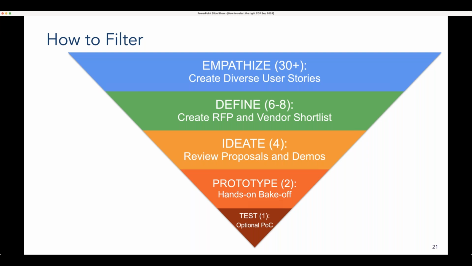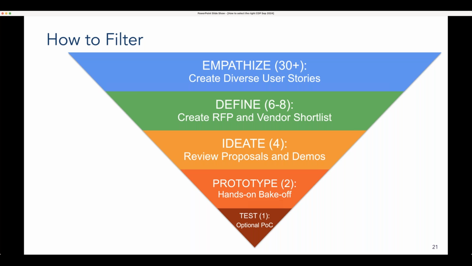So the way you go about this in design thinking uses the rubric that I'm sure you're all familiar with now from design thinking, which is empathize, define, ideate, prototype, and test. And the way that this works is basically using it in the context of selecting technology as a filtration process. So first you create diverse user stories, and you're looking at maybe 30 plus vendors. What those user stories are going to tell you is what's really important to you, and then just based on vendor architecture and proclivities, that maybe knocks you down to a list of 6 to 8 vendors.